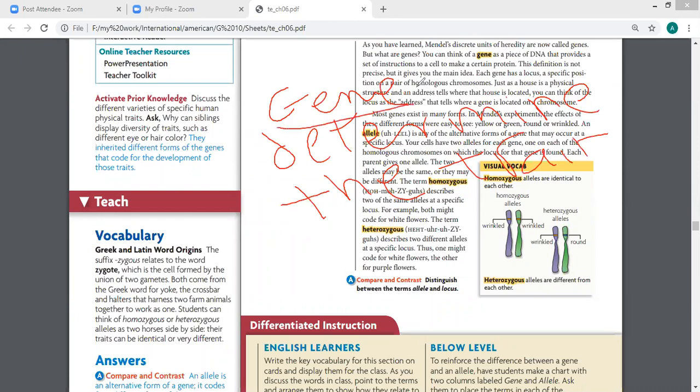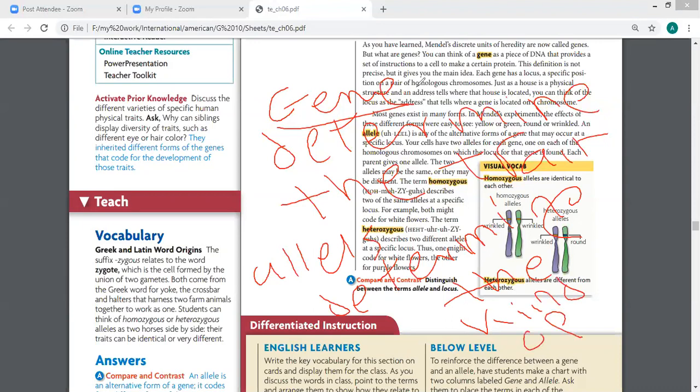Gene determines the trait, while alleles determine the kind of trait.